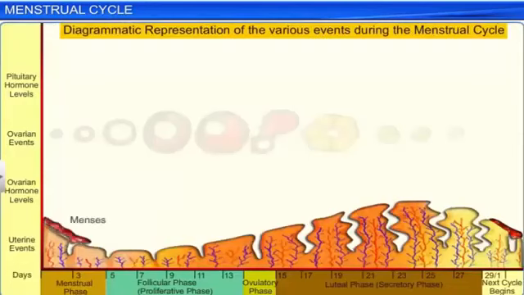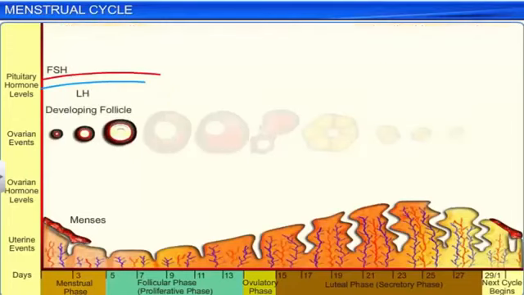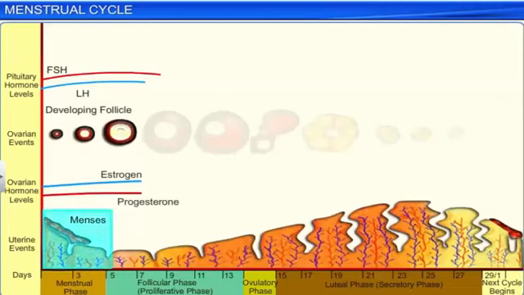At the onset of menses, the anterior pituitary gland increases the secretion of the two gonadotropic hormones, luteinizing hormone or LH and follicle-stimulating hormone or FSH, that stimulate the development of primary follicles.